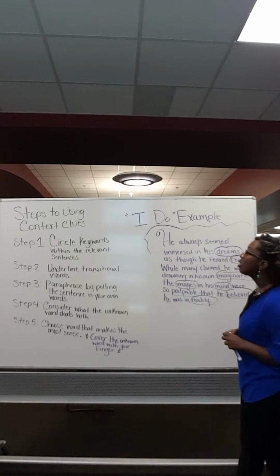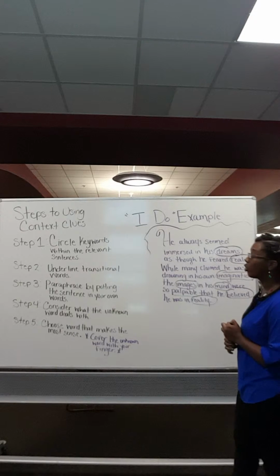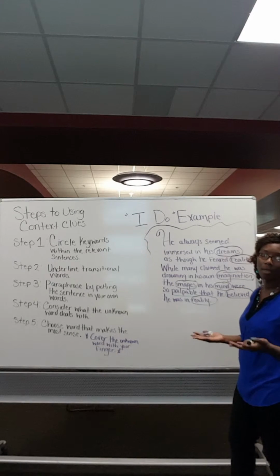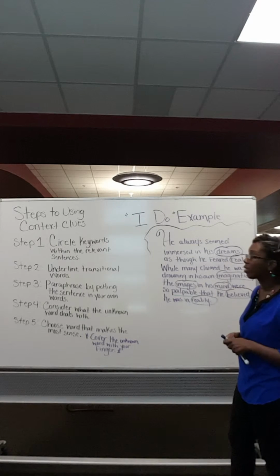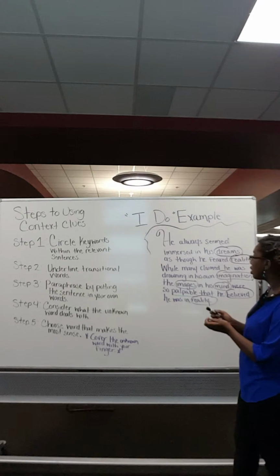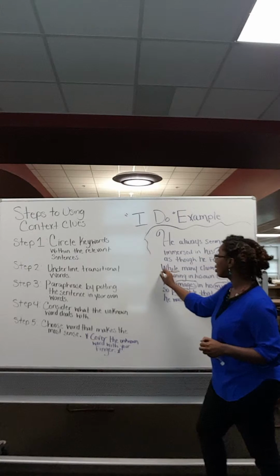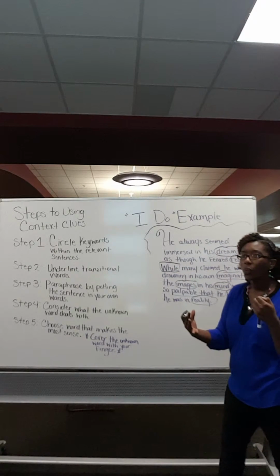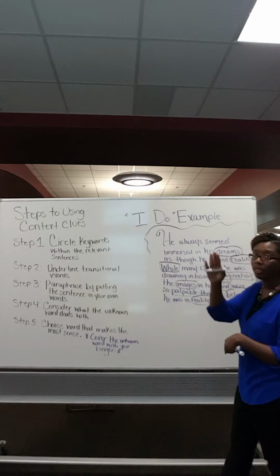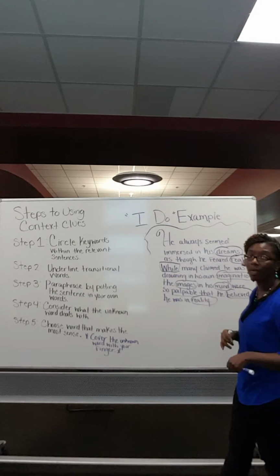All right. Step 2, underline transitional words. Now, depending on the sentence, there might not always be a transitional word that gives you a clue, but I am going to circle while, because while might be hinting to the opposite of what the first sentence is saying, or what is being said within the sentence.